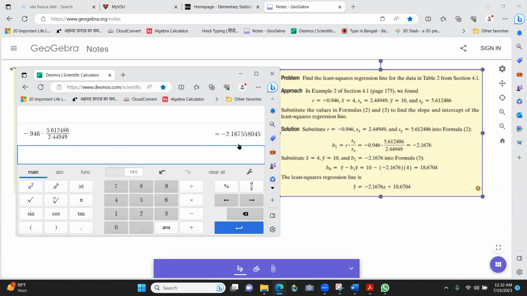And we're getting what they got, negative 2.1675. So we have the slope. Now keep the slope handy. We're going to use the slope to find the y-intercept.